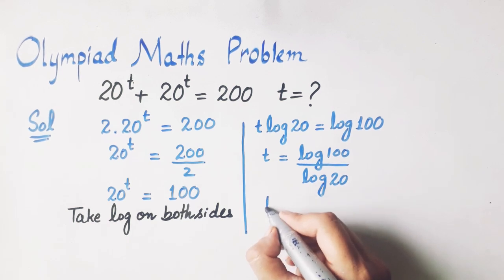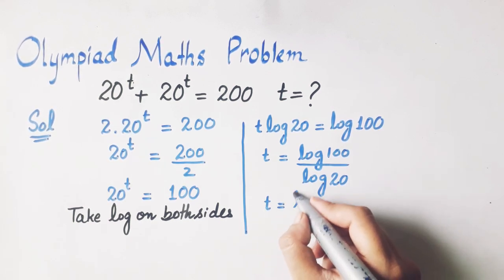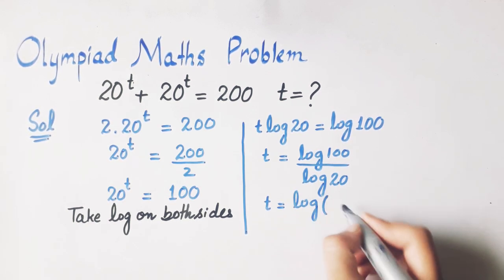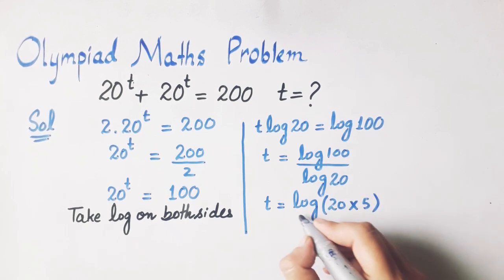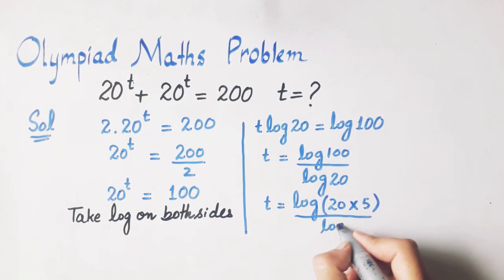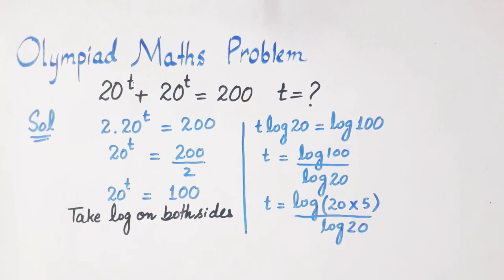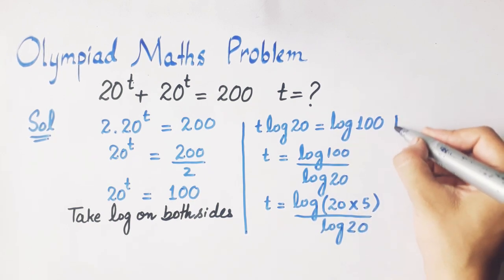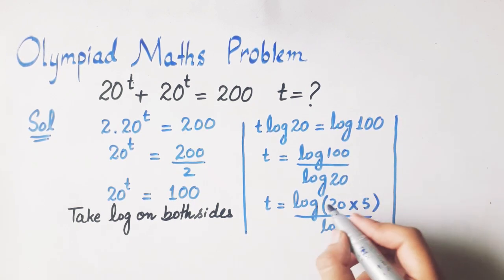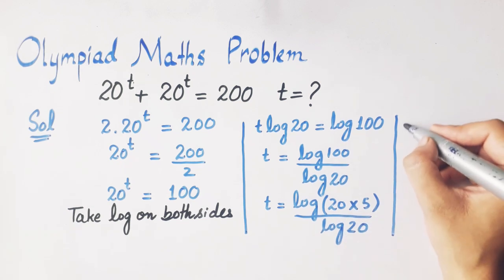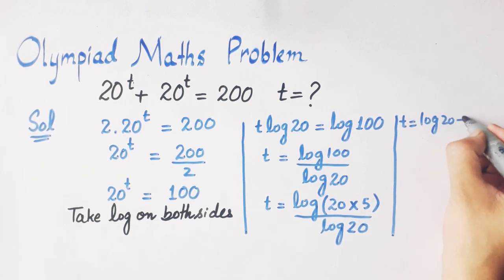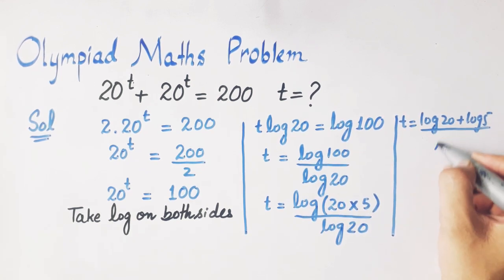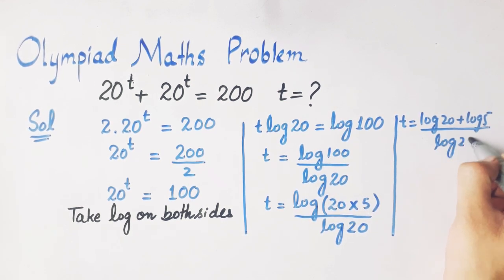Now we can write t equals log of 20 times 5 divided by log of 20. Now we will apply the product rule of log, that equals log 20 plus log 5 divided by log of 20.